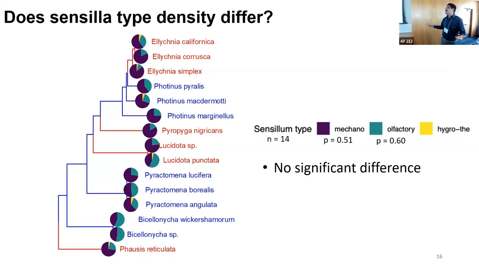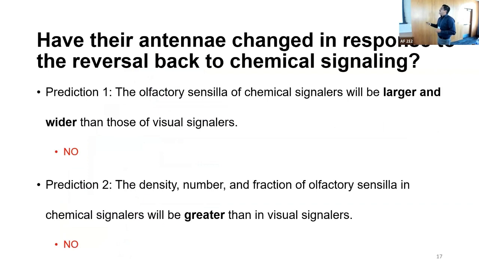This was kind of interesting because what we thought was that these groups being chemical signalers would have a greater number of olfactory sensilla, just because olfactory sensilla are really useful in capturing odors and pheromones as well, but this just wasn't the case. So both of our predictions just weren't supported.